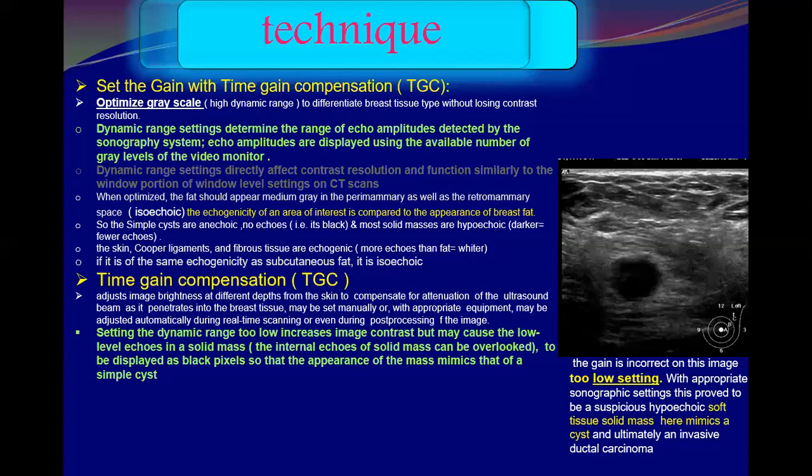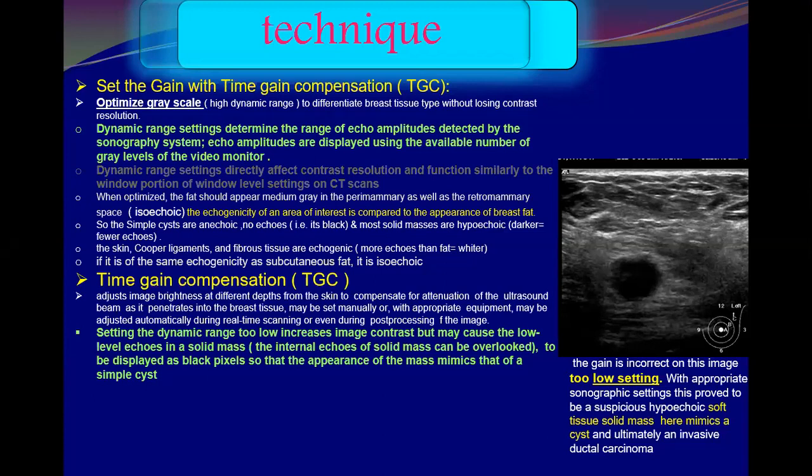Regarding the time gain compensation or the set of the gain, to optimize the gray scale, we have to put it at a level where the fat is at the mid-gray.